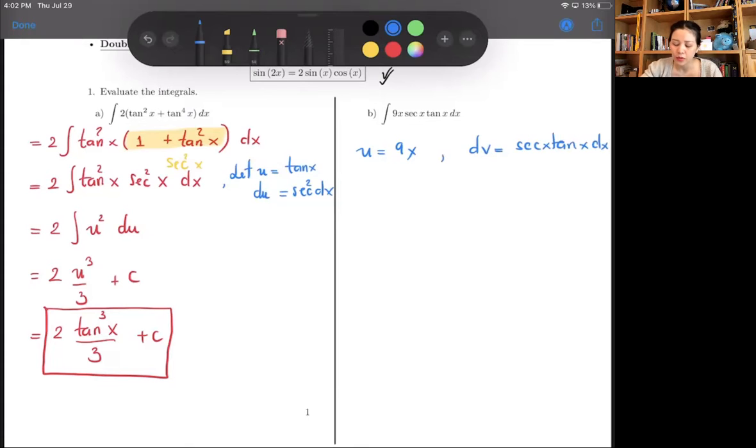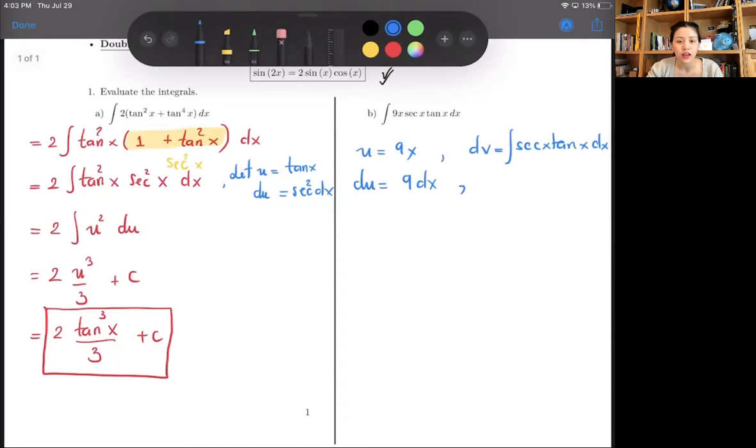For the u part, if I take the derivative, du is 9 dx. That's it. For dv equals secant x tangent x dx, if I take the antiderivative of that, oops, I forgot the integral here. Sorry about that.